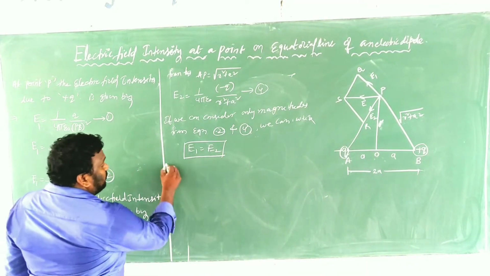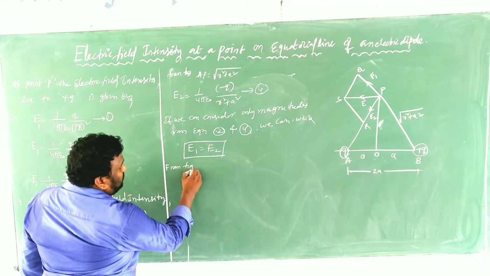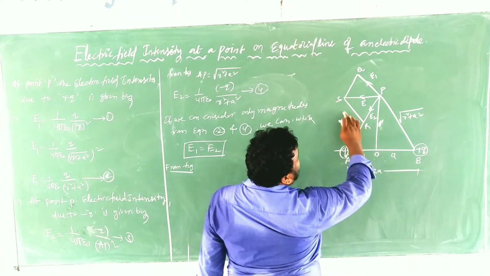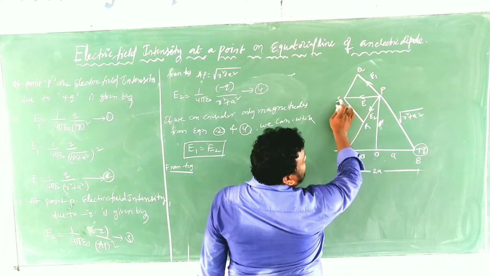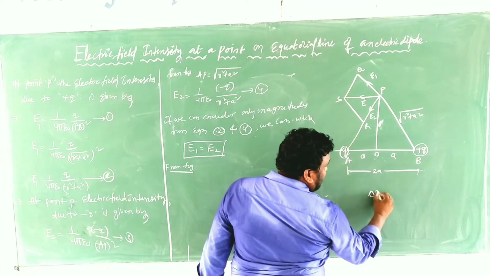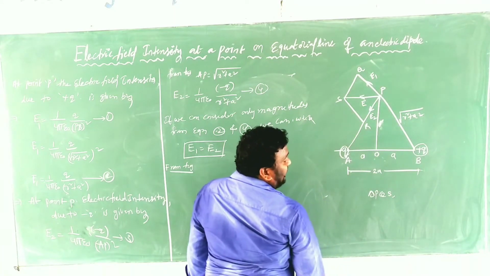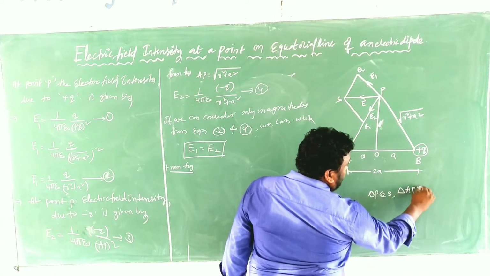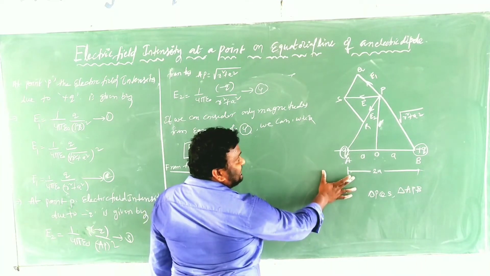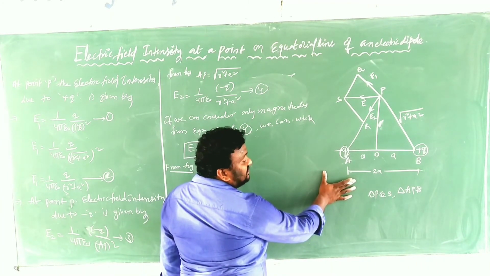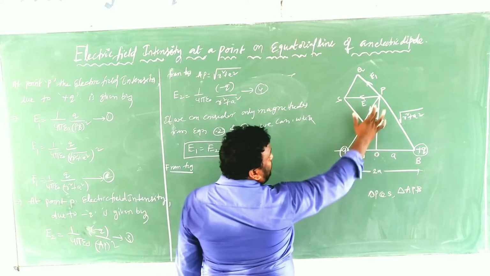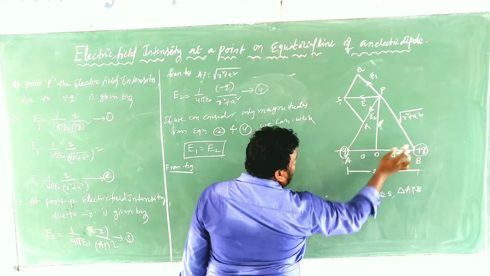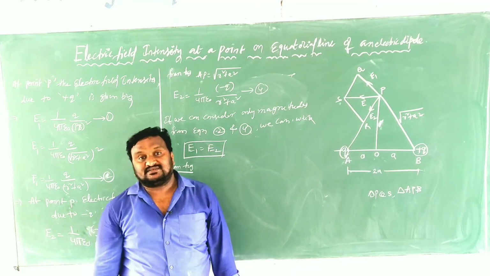Now children, from the figure, we have two similar triangles. One is triangle PQS and the next is triangle APB. Watch carefully. From this entire diagram, we have to observe the two similar triangles, PQS and APB.